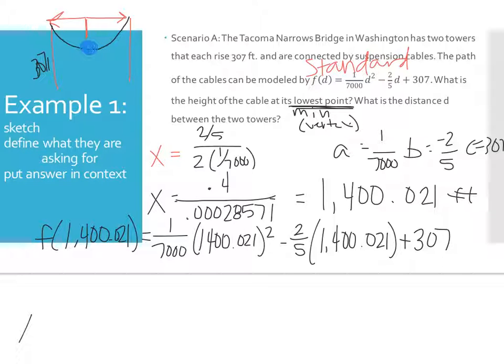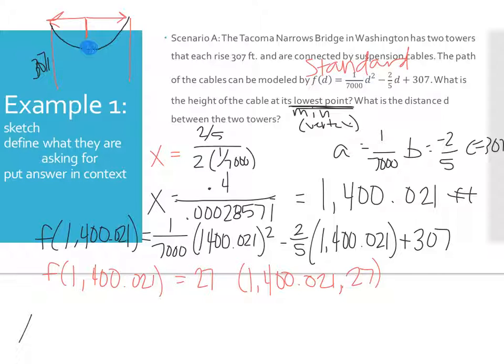So when I plug all of that into a calculator, I get that 1,400 feet from the first pole, the cable hangs 27 feet off the ground. So my vertex is the point 1400.021, comma 27. And that's rounded, but there are so many zeros that it doesn't really matter.